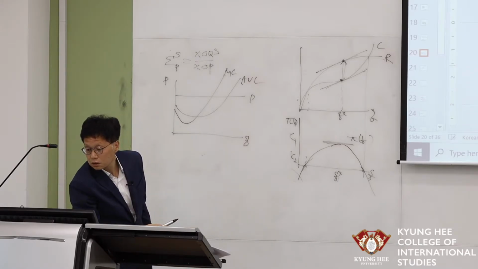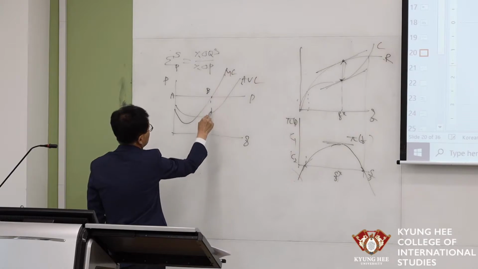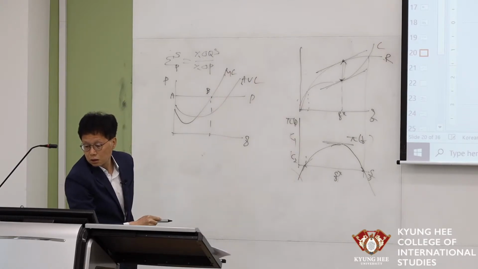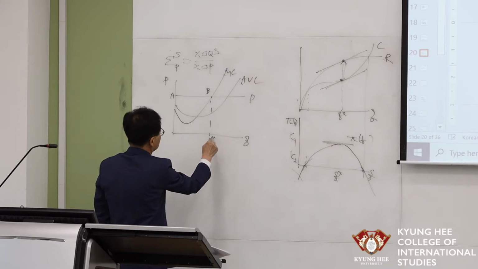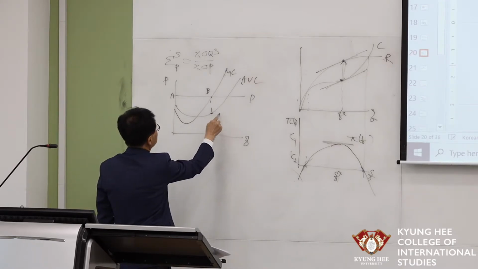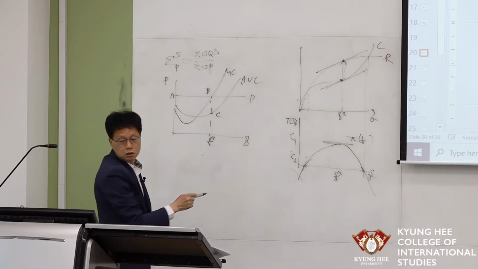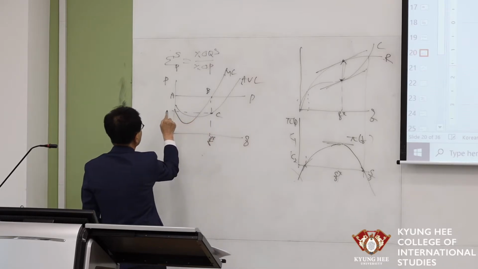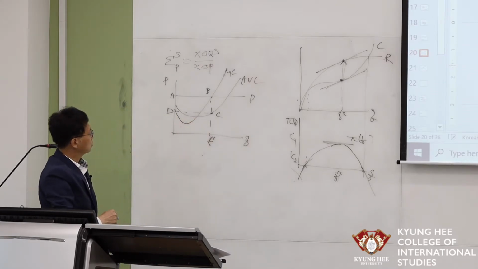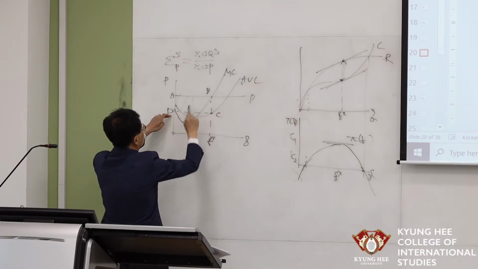Then that is A, B, and that is Q star, and this point is C. A, B, C, and D. That is D.